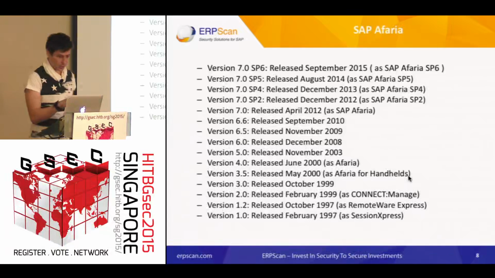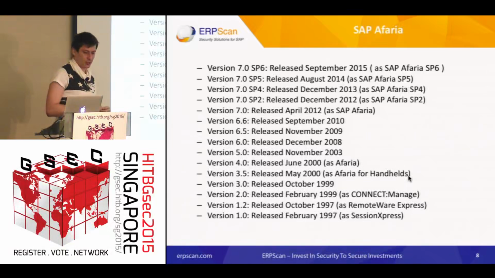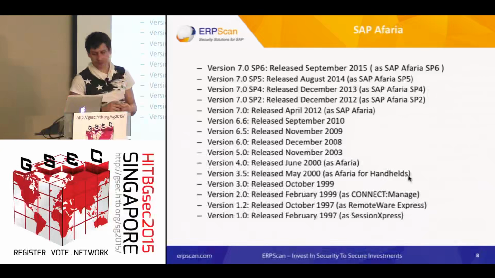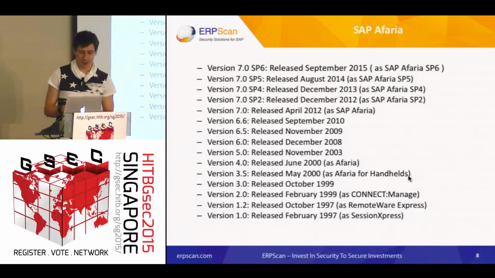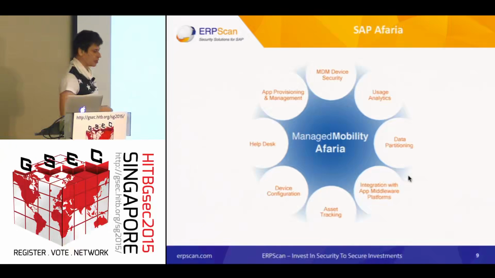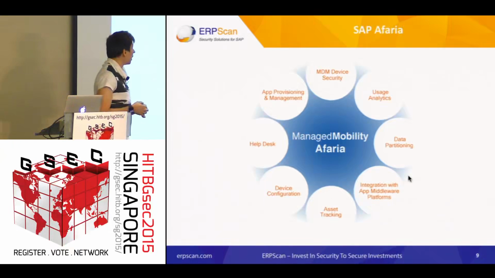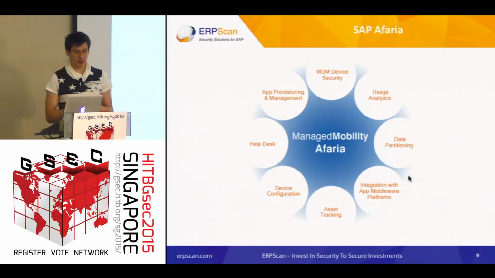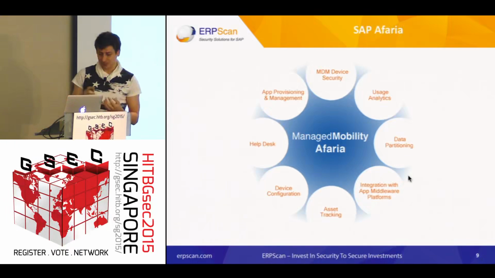Actually, we analyzed version 7.0 Service Pack 5, but the modern version is 7.0 Service Pack 6. Afaria has typical functionality for MDM solutions.